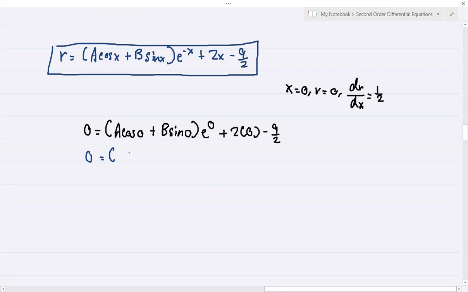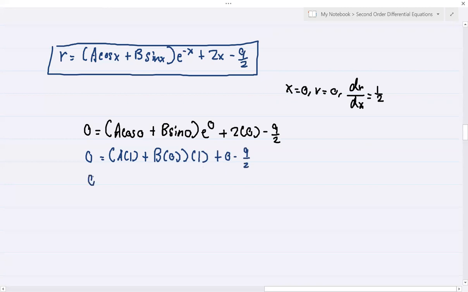Cosine 0 is 1, so we will have a times 1 plus your sine 0 is actually 0, so you will have b times 0. And here we have e raised to 0, so basically this is 1 because anything raised to 0 is 1. And 2 times 0 is 0, minus 9 all over 2.